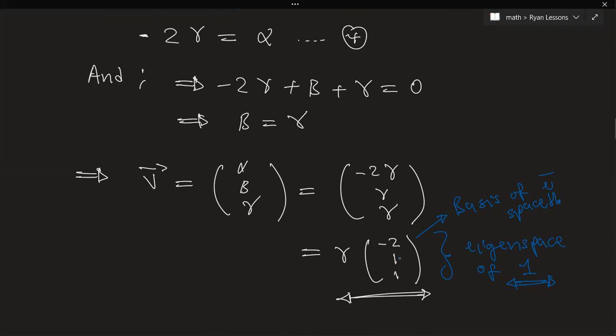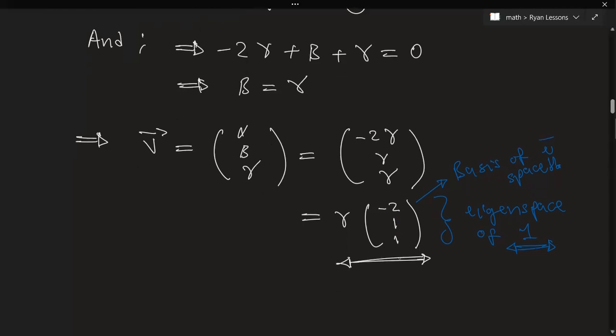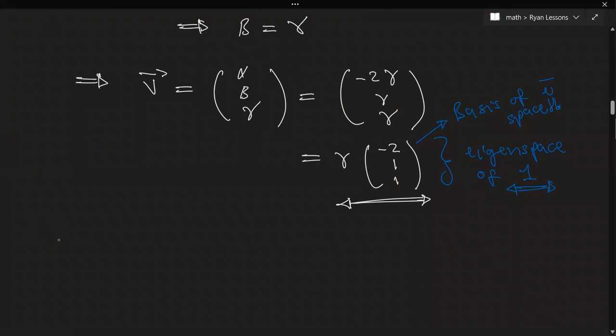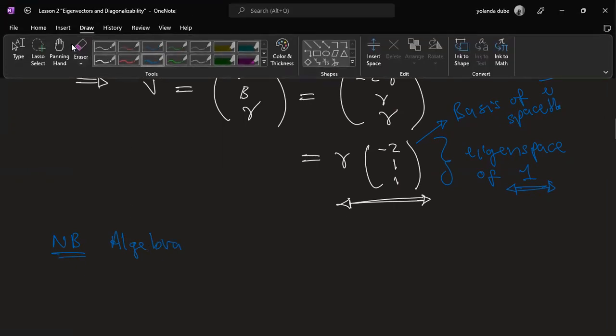Since we have one vector which forms the basis of the eigenspace, we say lambda corresponds to a geometric multiplicity of 1. So that's what we mean by geometric multiplicity. So we can write it here. Sorry, it's supposed to be geometric.